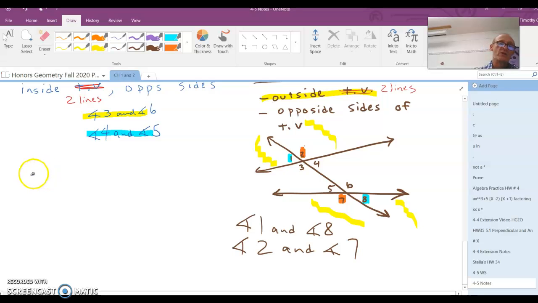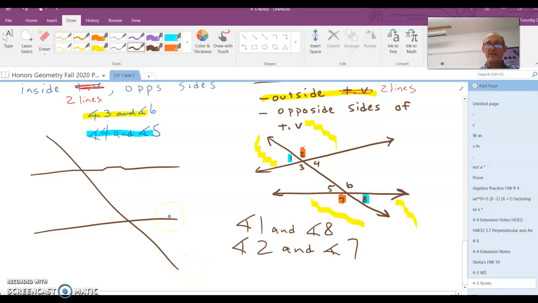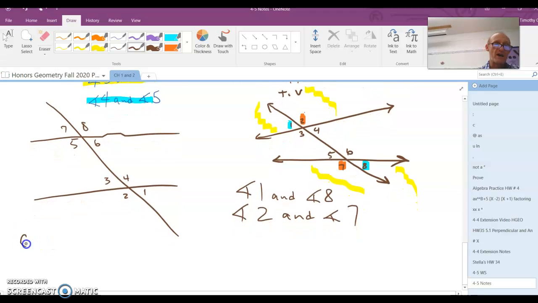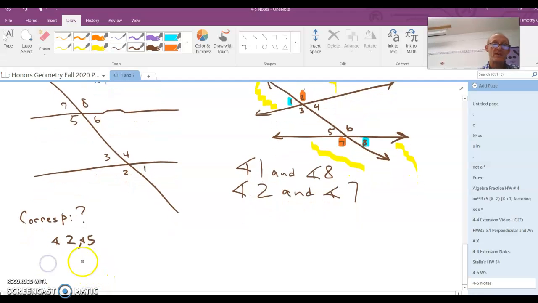Okay, so here's a test. I'm going to reorder these angles. 1, 2, 3, 4, 5, 6, 7, 8. Corresponding: we have 2 and 5, and 3 and 7, and what other two?